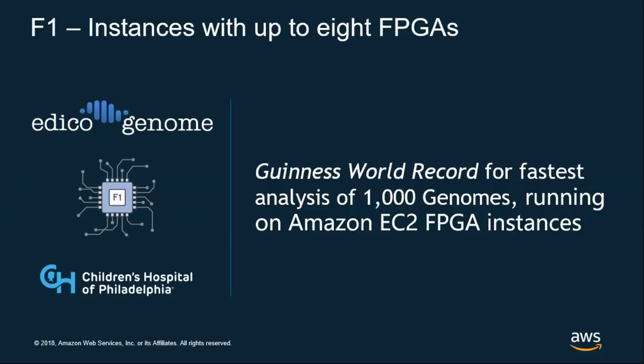And again, this was based on customers' feedback that while CPUs and GPUs were great, there were certain workloads that could really be accelerated or workloads that were otherwise impossible that could take advantage of FPGAs. And a good example here is Edico Genome, who was actually able to break a Guinness World Record for the fastest analysis of 1,000 genomes. And they obviously did that using the F1 instance type on EC2.